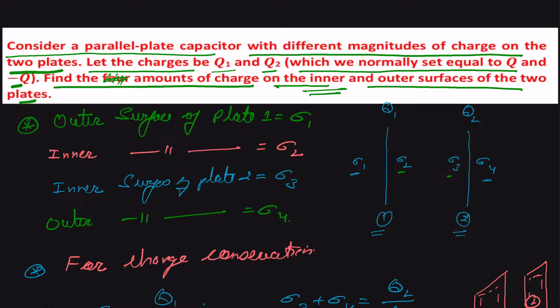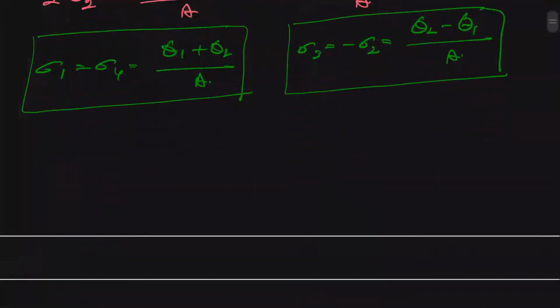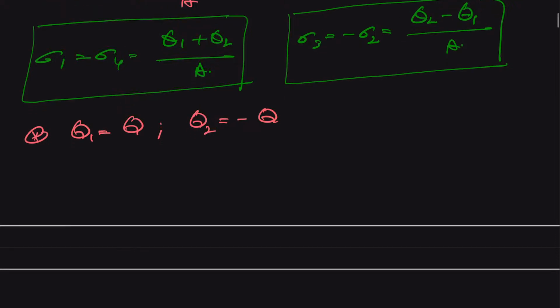And then we come to our special case, which states that if you put Q and minus Q in place of Q1 and Q2, so our Q1 is equal to Q, and Q2 is equal to minus of Q. So we get that sigma 1, sigma 4 will be equal to Q minus Q upon 2A, which gives us 0.